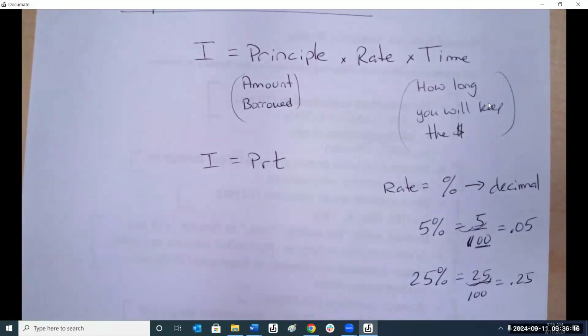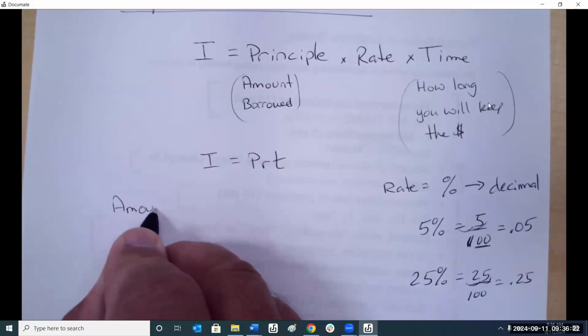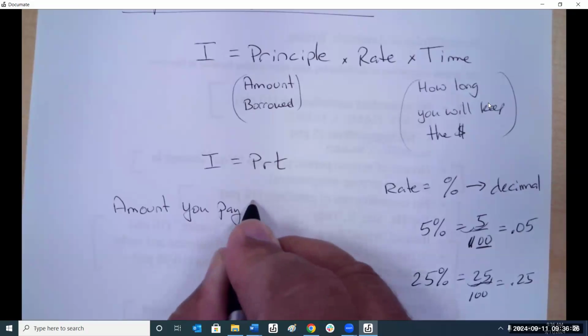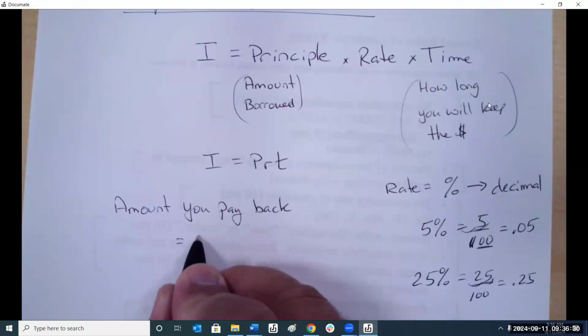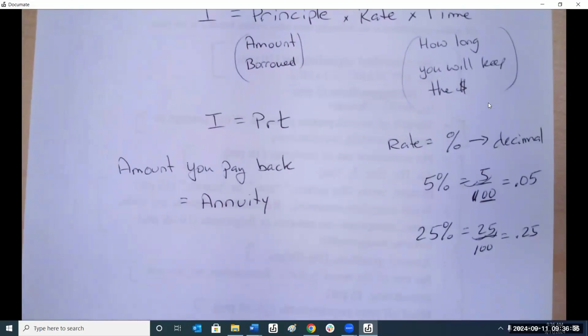That's just the interest. The amount you pay back is called the annuity. That's how much the note is worth.